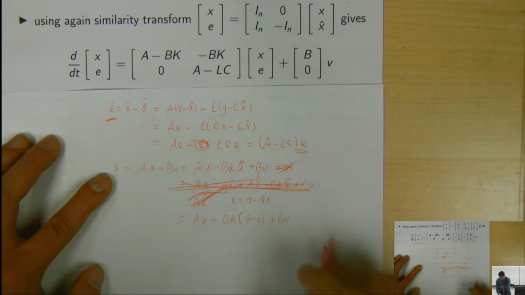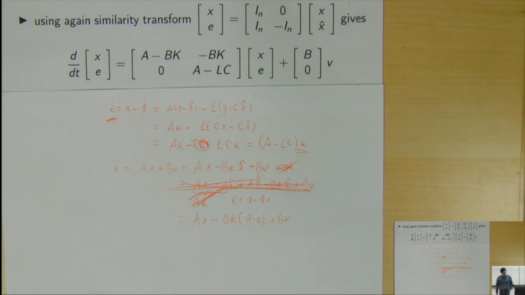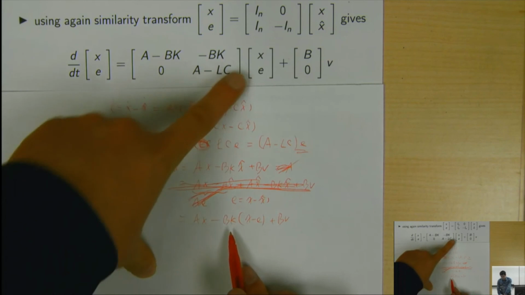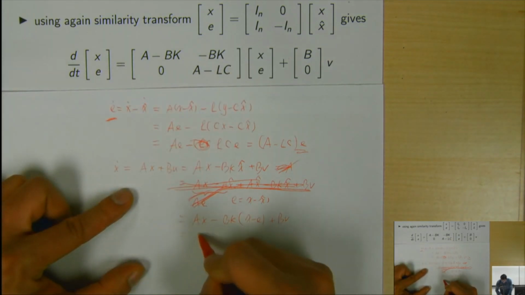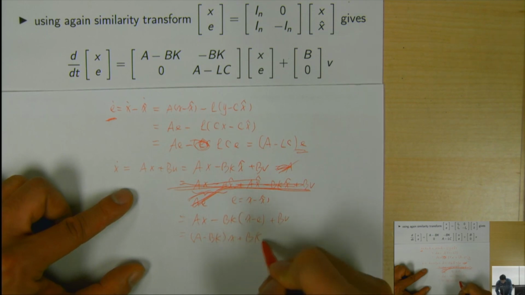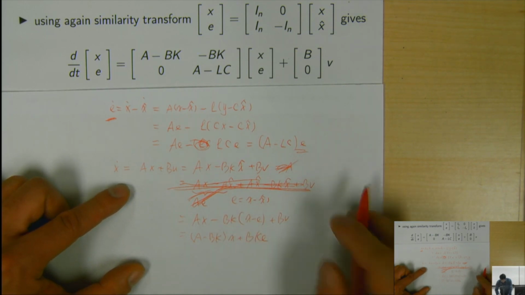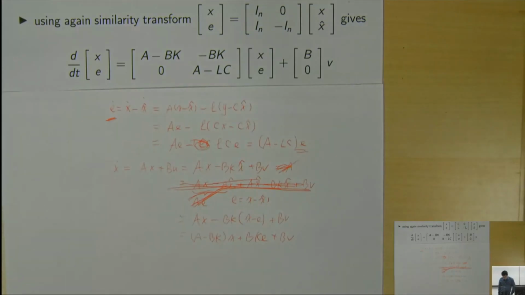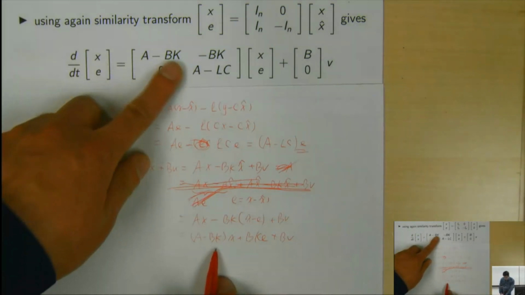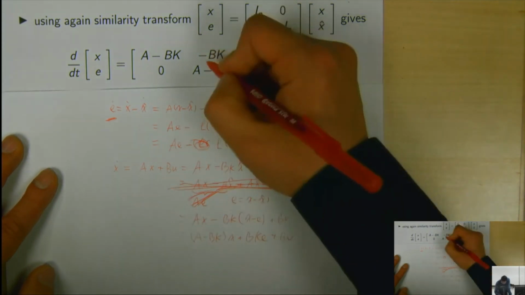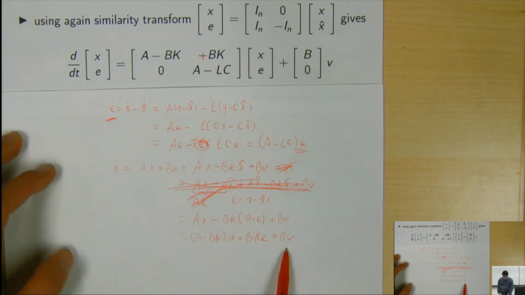So x dot is A minus BK times x plus BKe, then plus B times v.